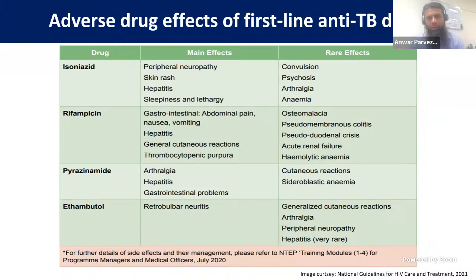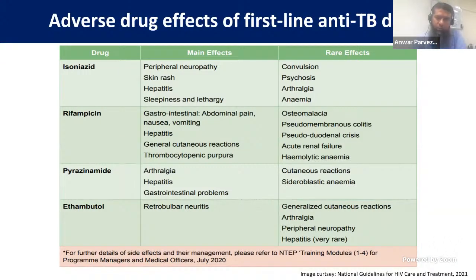But some patients may present with other side effects which we need to be careful about. INH can cause peripheral neuropathy, skin rash, hepatitis. INH, rifampicin, and pyrazinamide are hepatotoxic medications. So if the patient is on these medications, you need to think about drug-induced hepatitis, and if there are any signs and symptoms, we need to investigate accordingly.